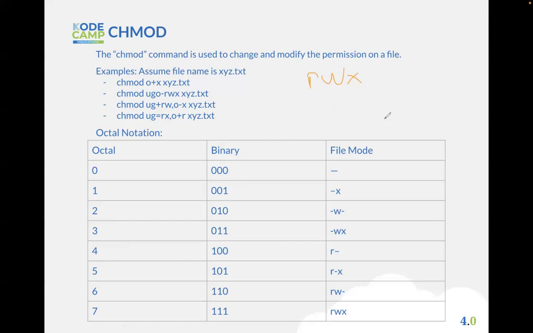Some people know up to even 10. Some people actually have to convert it and do the calculations. You can simply learn it, maybe on Google, or you can always Google for this. Sometimes you can even know that when I want only read permissions, I should use number 4.